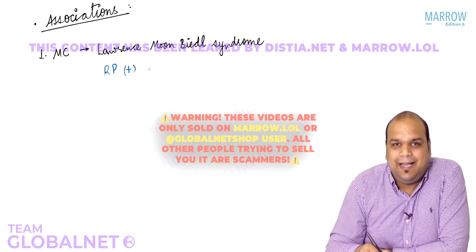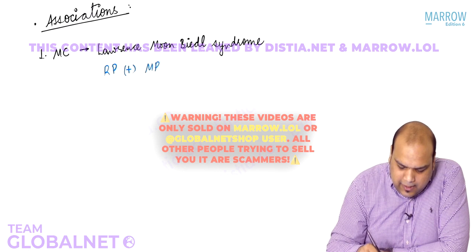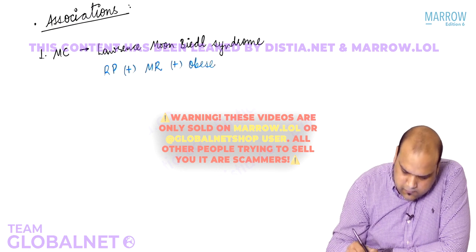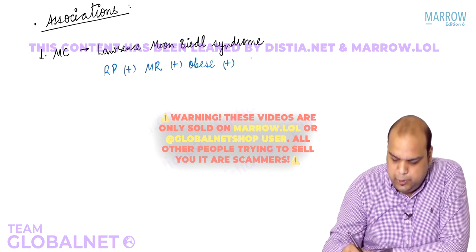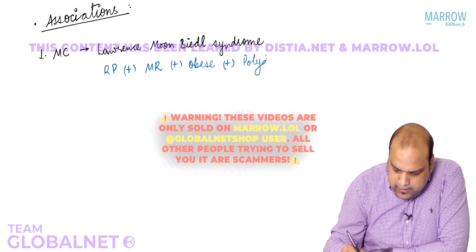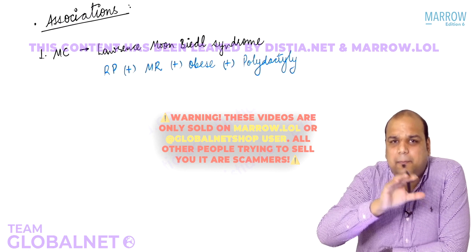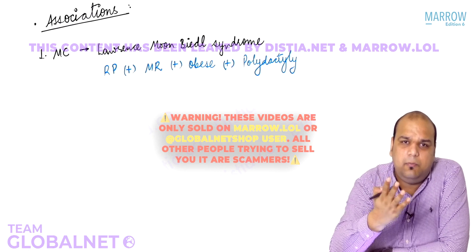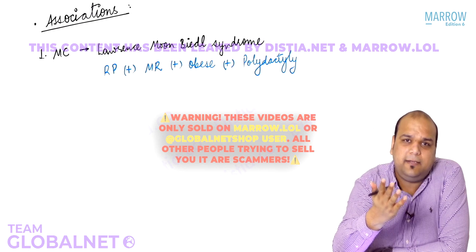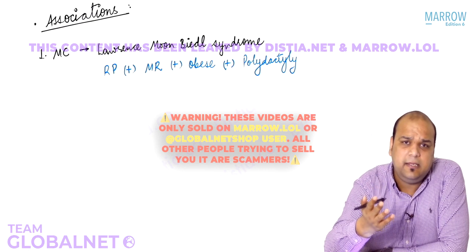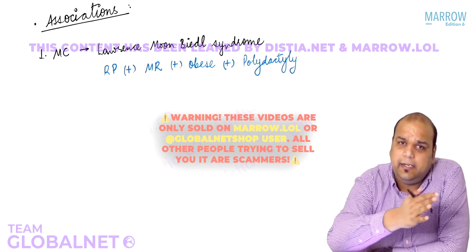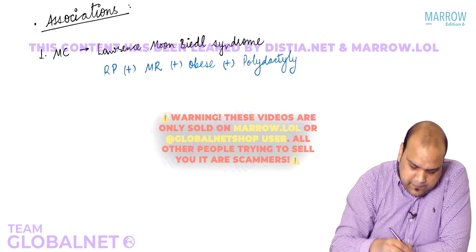But along with that, the patient will have mental retardation, plus the patient will be obese, plus you will notice polydactyly. Polydactyly means more number of fingers than 5. So maybe a 6 finger, 7 finger thing. Then obese patient, mentally retarded and having retinitis pigmentosa.